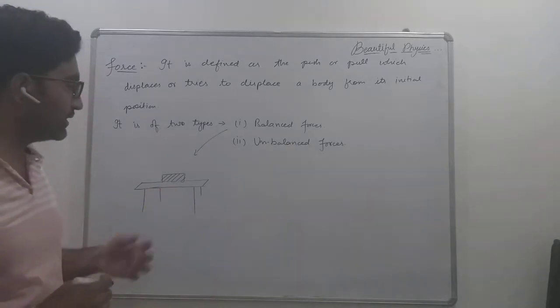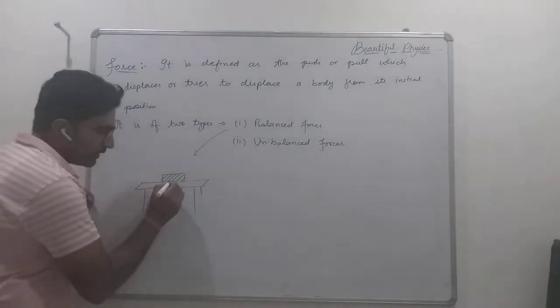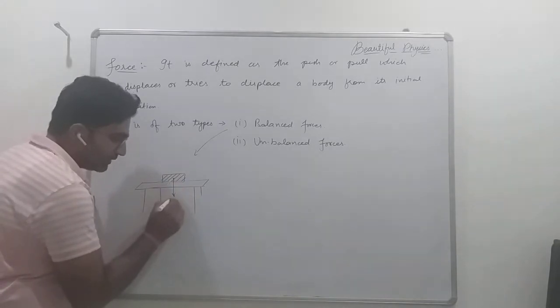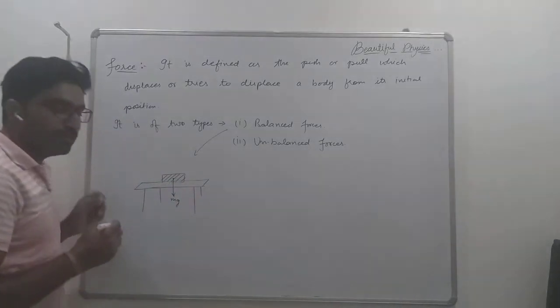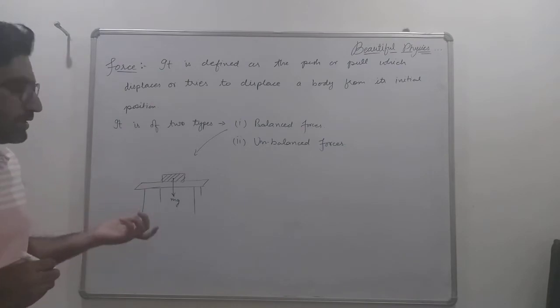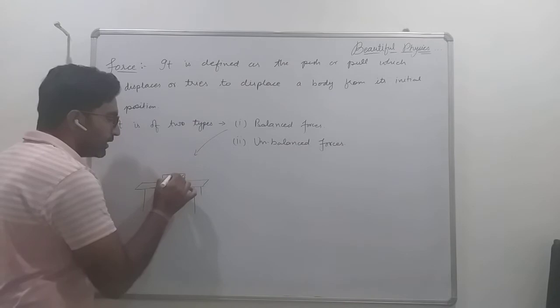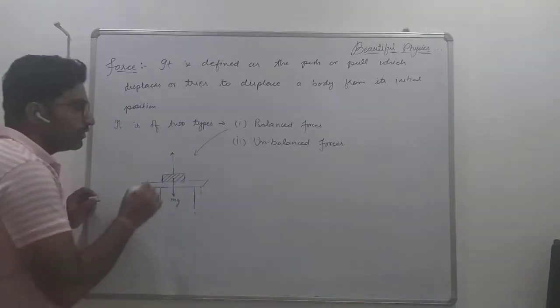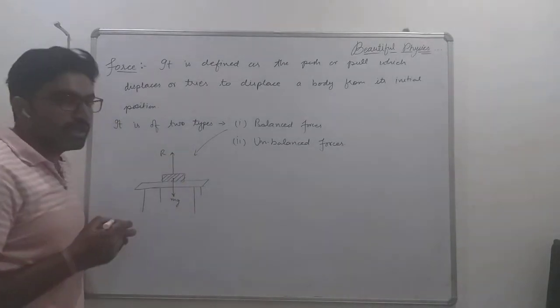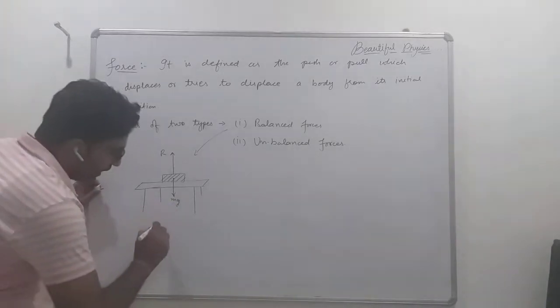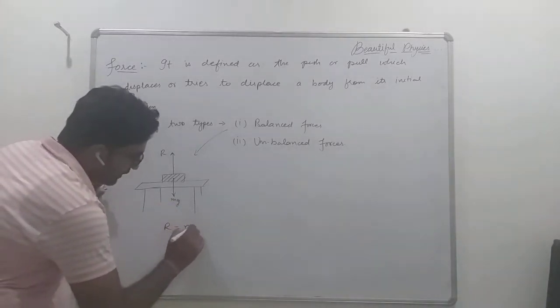Here two kinds of forces are acting on the book. First one is the weight, which is vertically downward and is represented by mg, the gravitational force, and the other one is the normal reaction, which is always perpendicular to the surface. This is the normal reaction, represented by R, and we can observe that R is equal to mg.